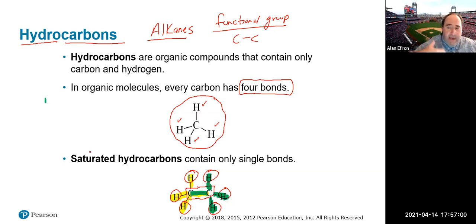And we have the maximum number of hydrogens that we could put in there. So when we talk about saturated hydrocarbons, we're talking about organic compounds that pretty much have just carbon-carbon single bonds with the maximum number of hydrogens attached to those. And our basic organic bonding is carbons attached to carbons, and then hydrogens attached to those carbons.